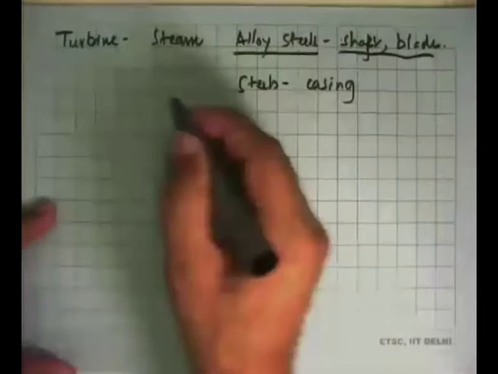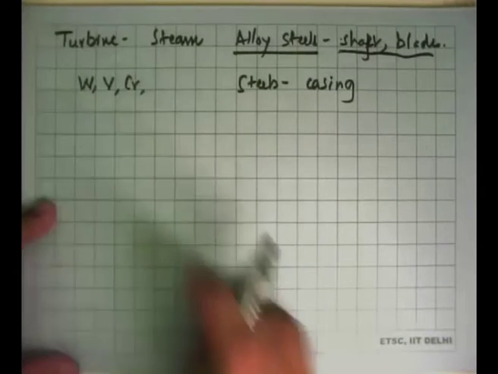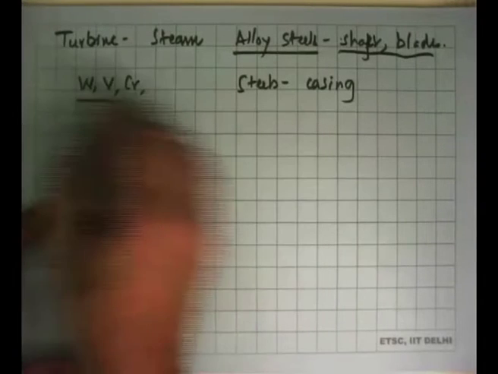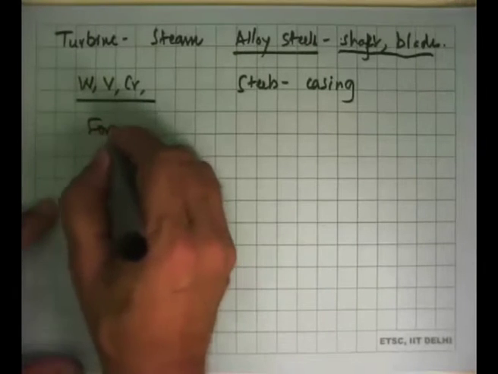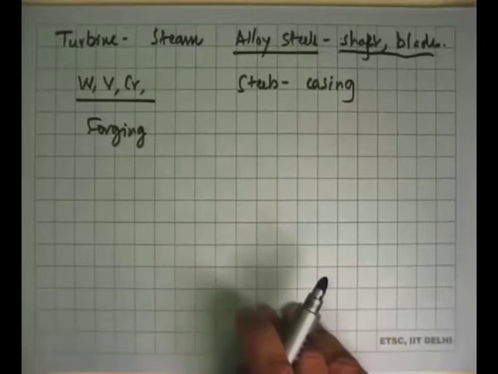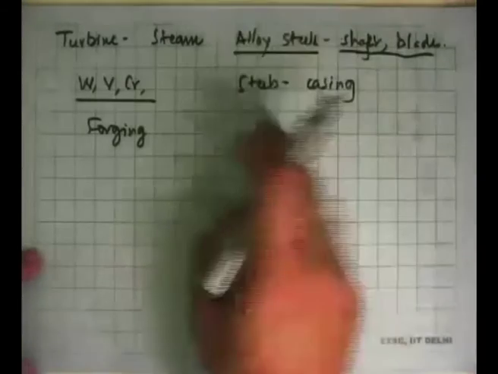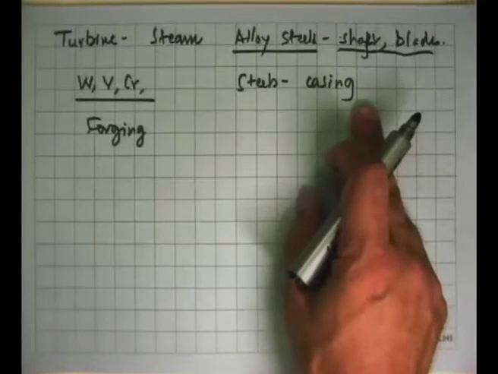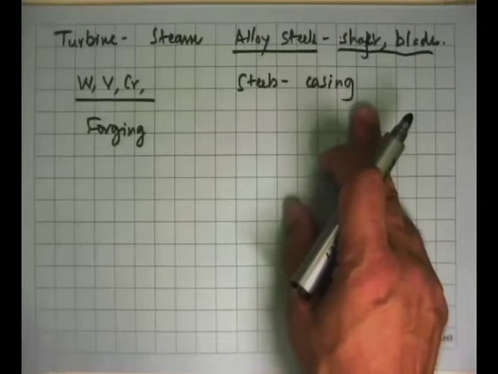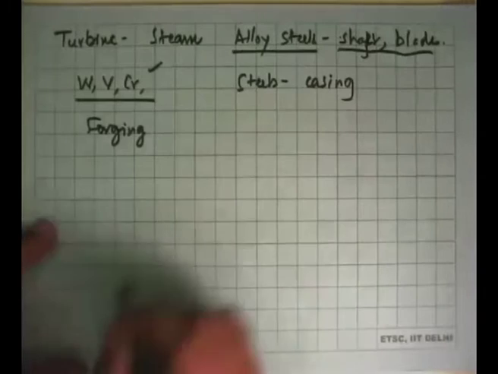So these are alloy steels. Typically there will be tungsten, vanadium, chromium alloys, and almost all of these are made by hot forging. Then they are machined and finally assembled to make a complete rotor. The casings are produced by casting, and after that they are machined, the blades are put in it, and the turbine gets done. So this is the material for steam turbines.